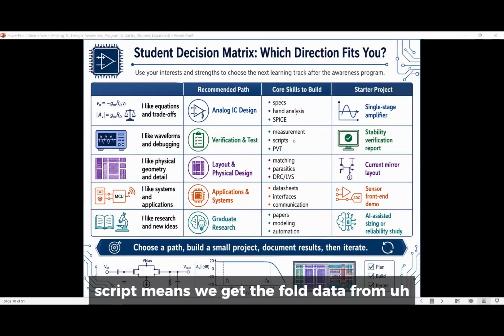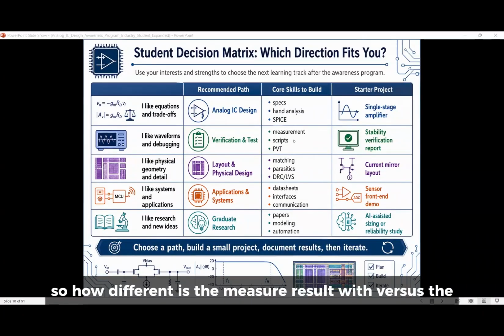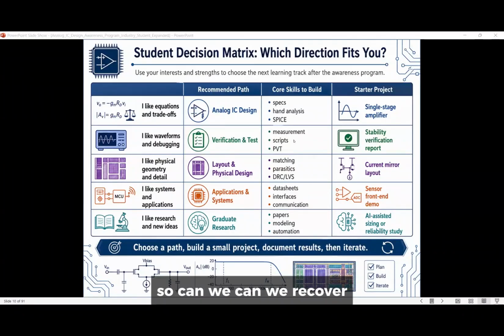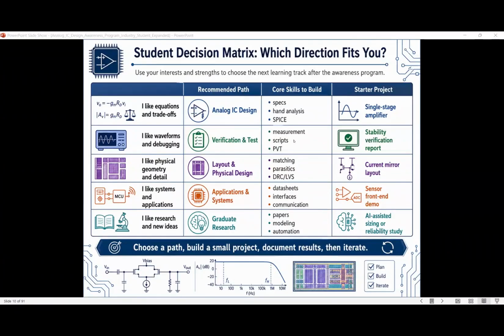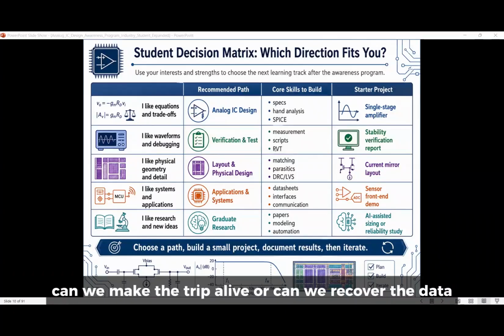Script means we get the raw data from the measurement. We will test what the tolerance is. Does the chip function well? How different is the measured result versus the simulated result? Can we recover, for example, can we make the chip alive or recover the data?